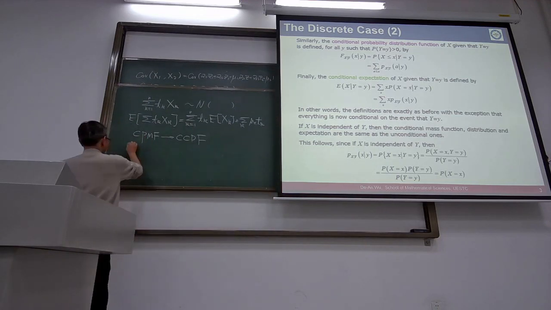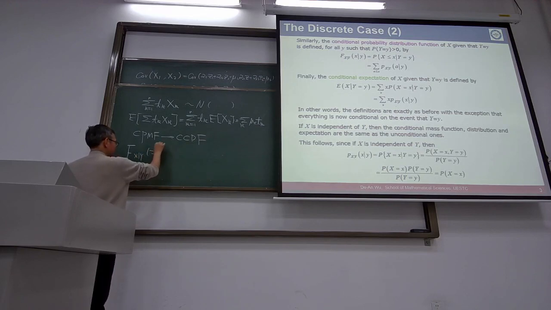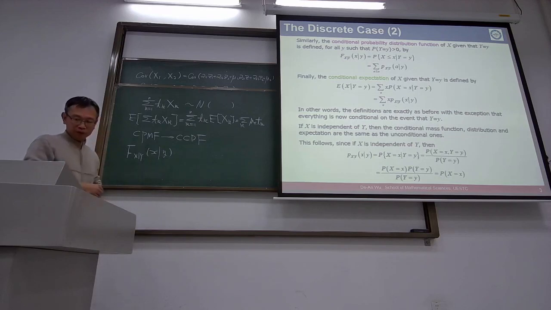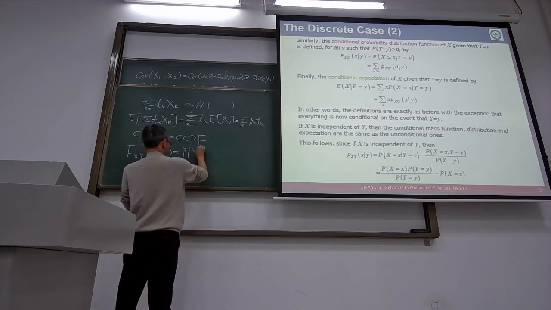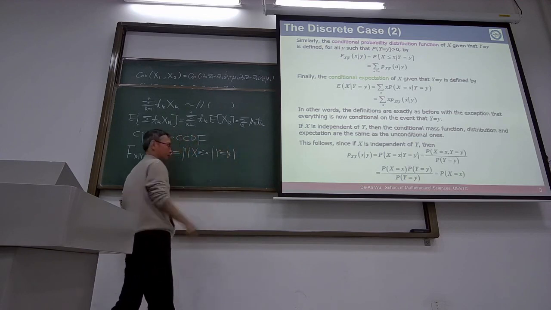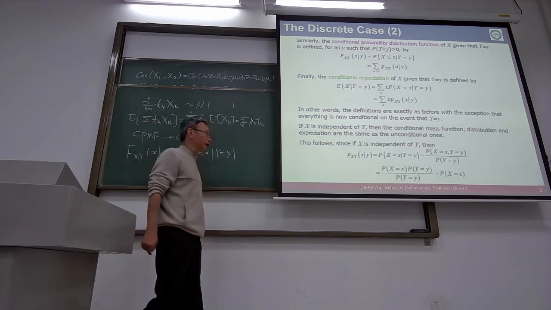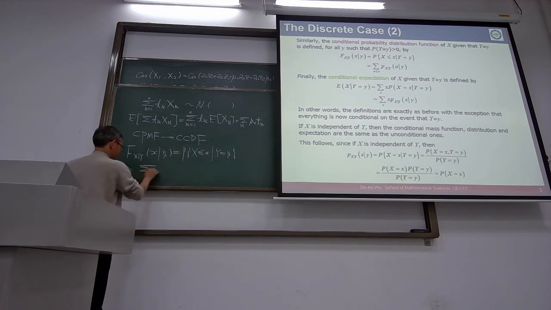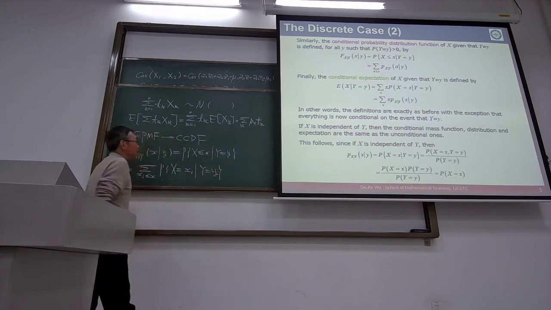Here, by definition, we use Y as our condition, namely given Y, X. The definition is just the probability that X is less than or equal to small x given Y. For the discrete case, this gives the sum over xi less than or equal to x of the probability that X equals xi given Y. This is just for the discrete case.